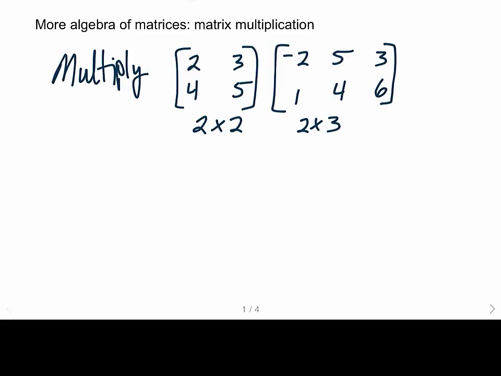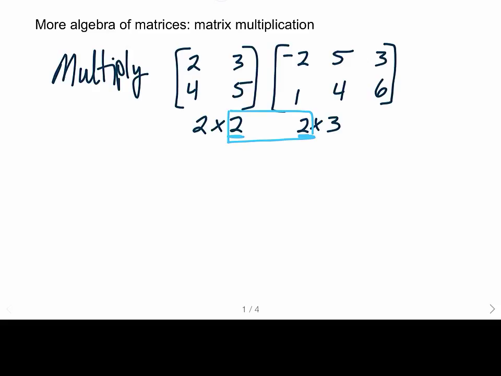In order for matrix multiplication to be defined, the inner dimension has to match. That is, in the 2 by 2 and the 2 by 3, the second 2 in the first dimension and the first 2 in the second dimension have to match. If that's not the case, then the multiplication is not defined.